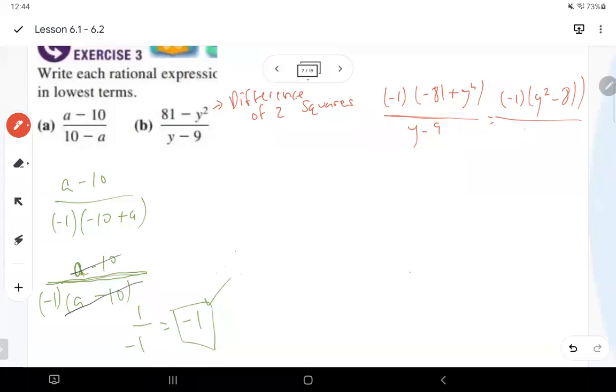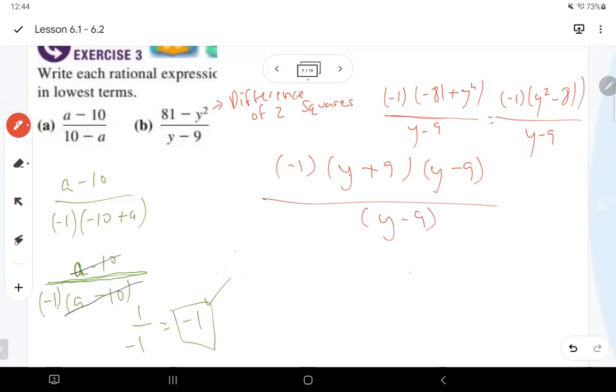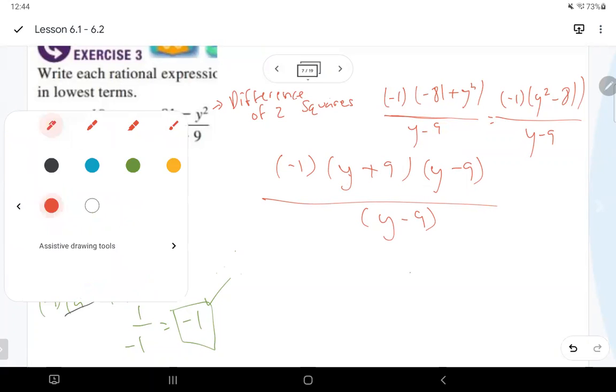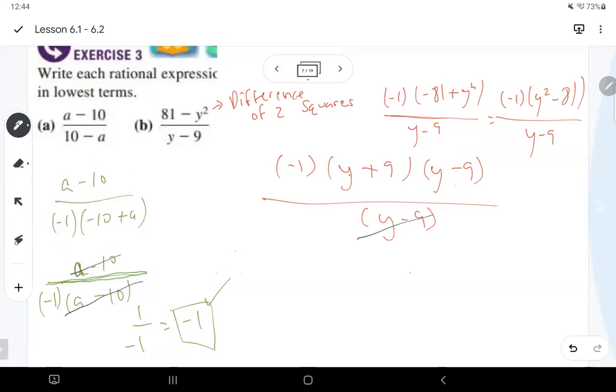That's still a difference of squares. And then we have -1 out front, and then we're going to split it: y plus 9, y minus 9 over y minus 9. You're going to see that the y minus 9's cancel. So you're going to be left with -1 times y plus 9.